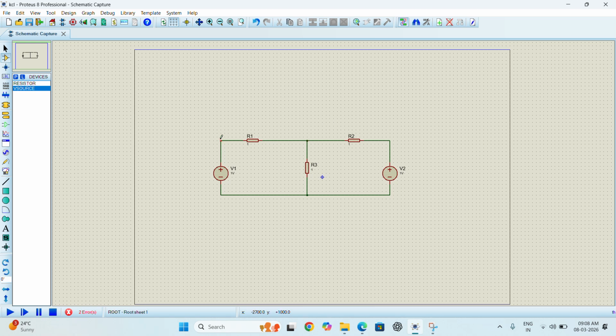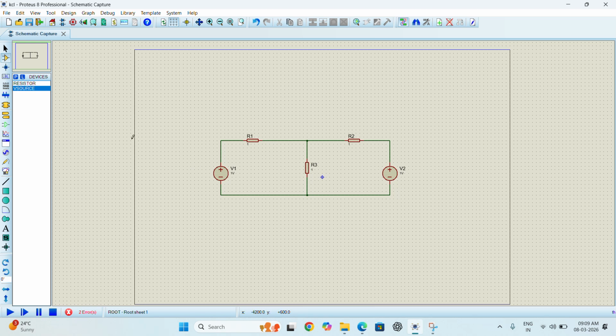This is not a node, because I have said what the node has to be. The node has to be the place where more than two elements are connected. So here only two elements are connected, so this is not a node, this is not a node, only these two are nodes. Here the node is from here to here, that is one node, and from here to here is another node.